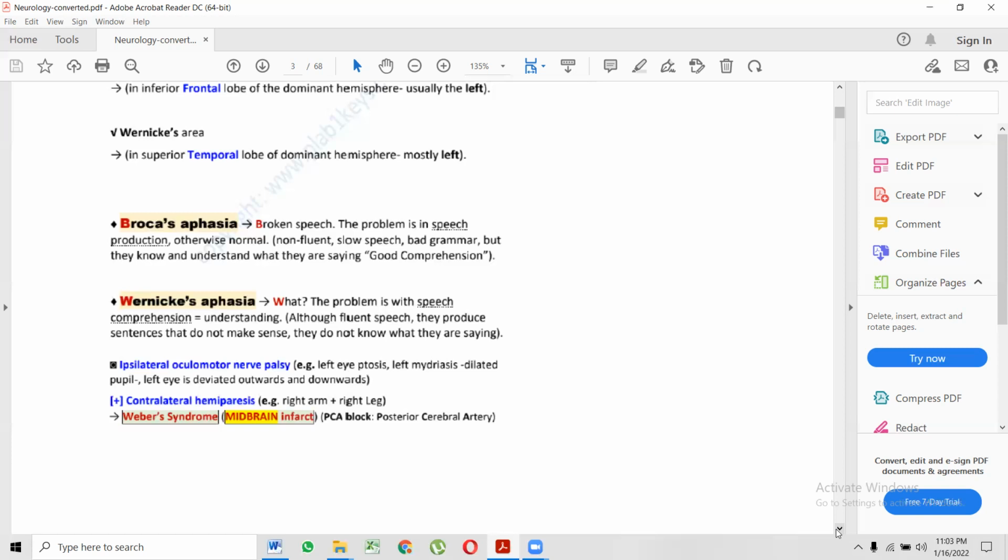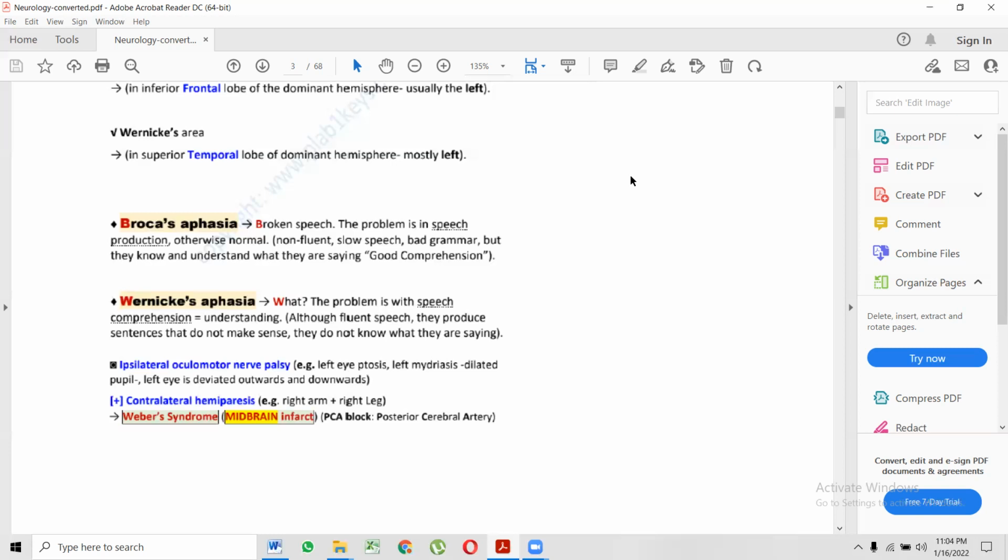So a cerebral stroke can result in hemiparesis, or weakness of half side of the body.